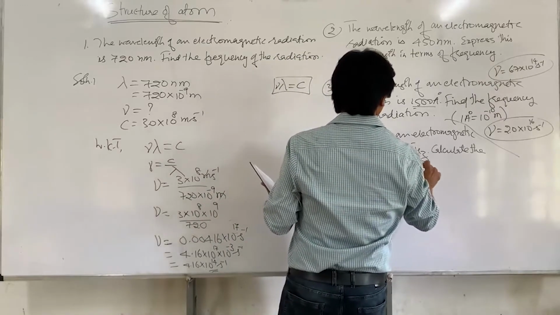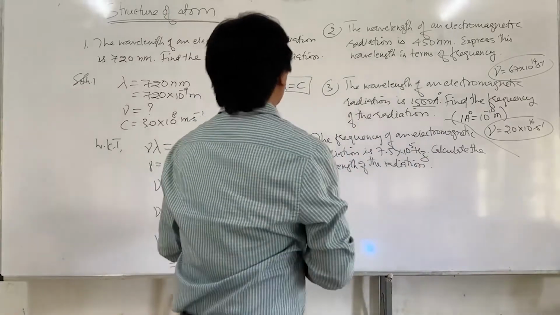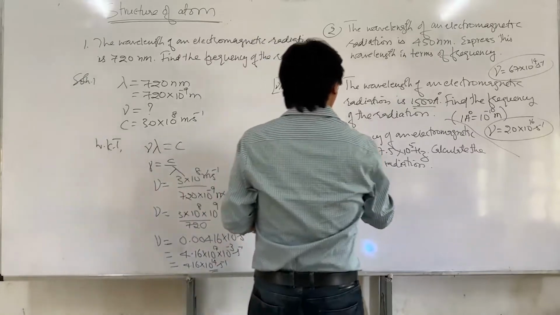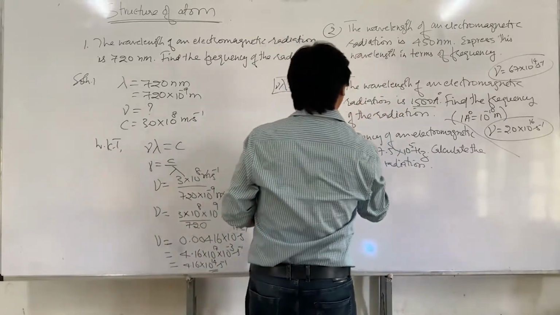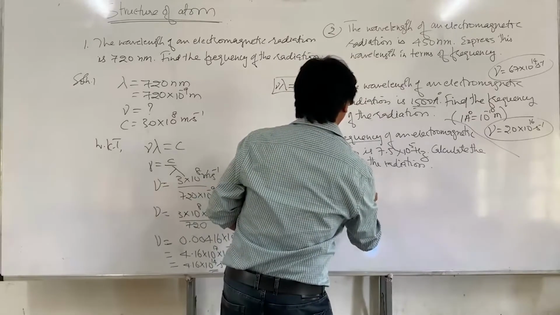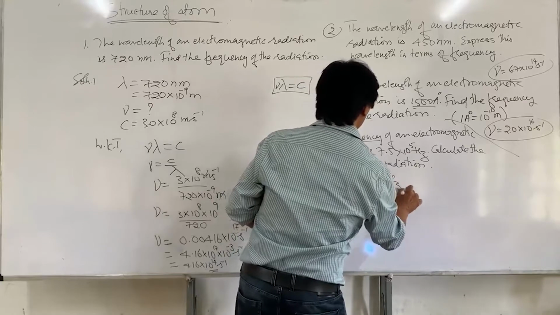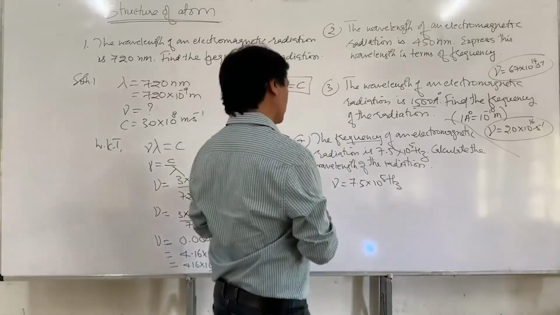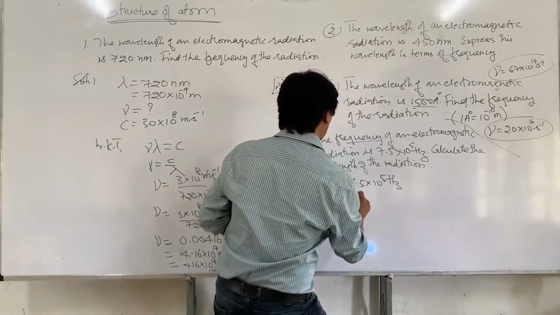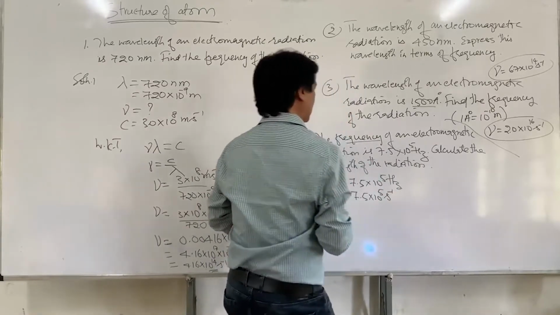Calculate the wavelength of the radiation. That's it. And now the solution here is you are given the frequency. So frequency is denoted by nu, and this is equal to 7.5 into 10 raised to the power 5 hertz. Hertz is the same as per sec. You can write this as 7.5 into 10 raised to the power 5 per sec.